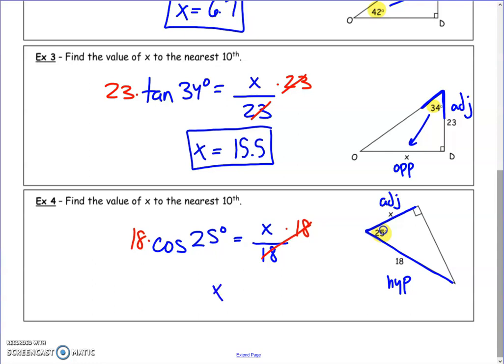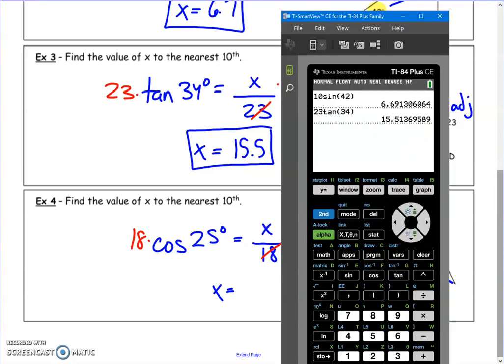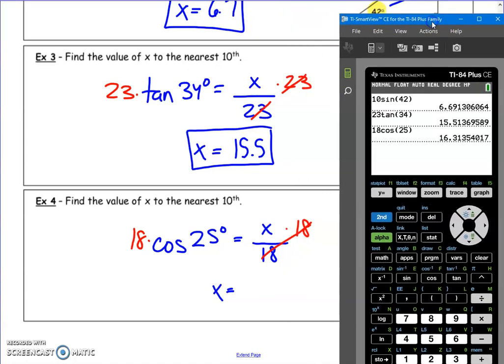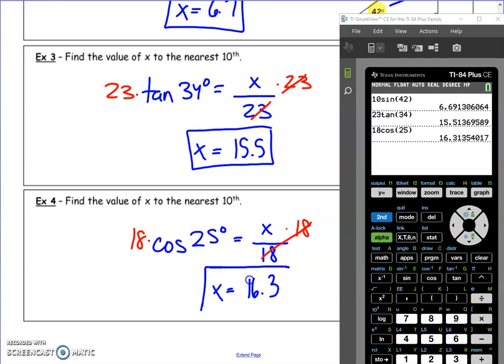X side. And then on the calculator, we put in 18 cosine 25, close your parentheses, 16.3. And that concludes Lesson 8.1.